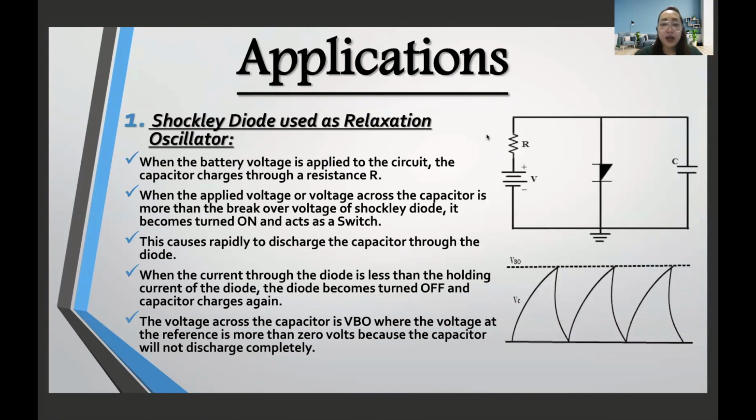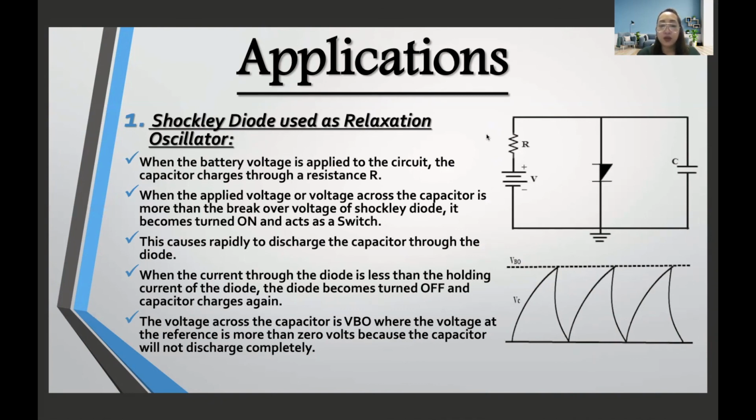Applications. The Shockley diode is used as a relaxation oscillator. When the battery voltage is applied to the circuit, the capacitor charges through the resistance R. When the voltage across the capacitor is more than the breakover voltage of the Shockley diode, it turns on and acts as a switch.